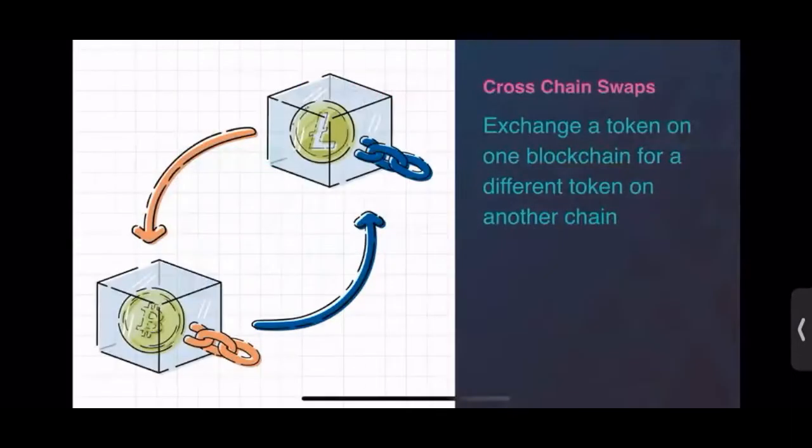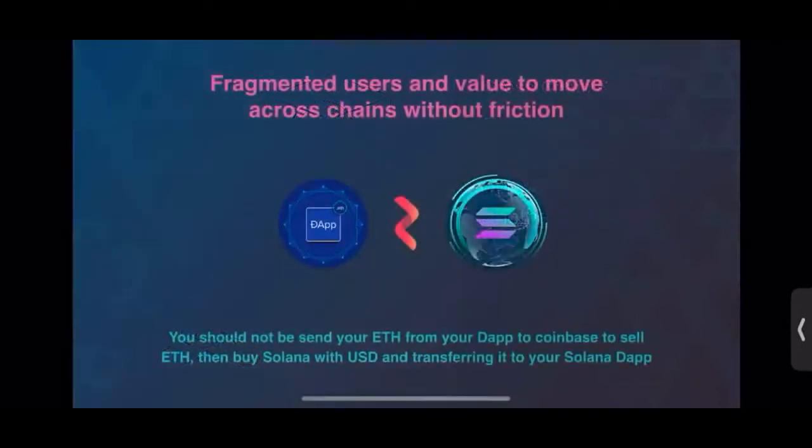As an example, you might have Solana with you, but you want to use Ethereum. To do that right now, you have to go to a centralized or decentralized exchange like Coinbase to sell your Solana for USDT, then buy Ethereum, and then bridge that back to the app itself.